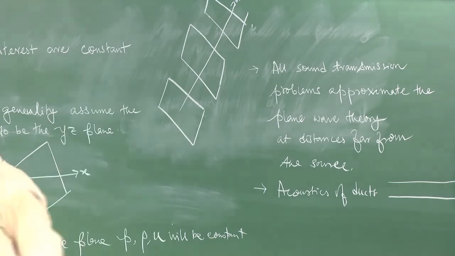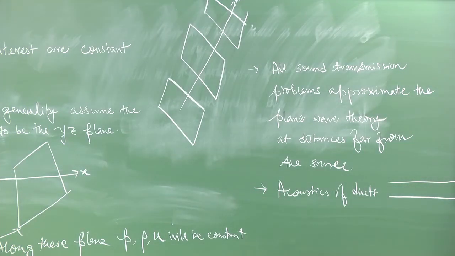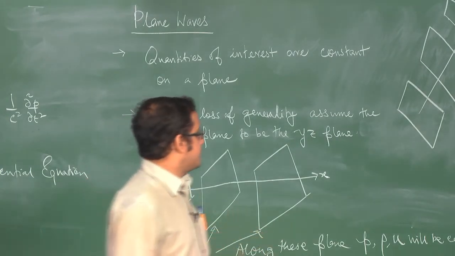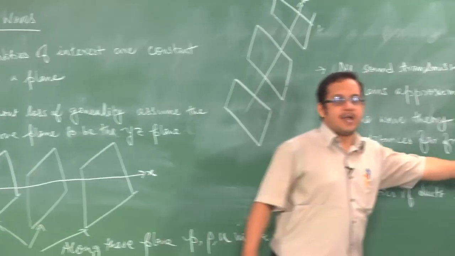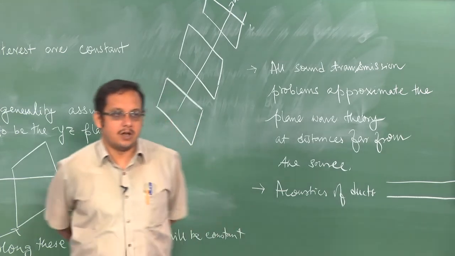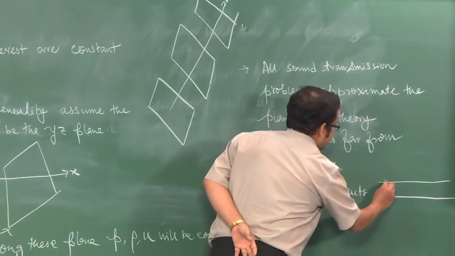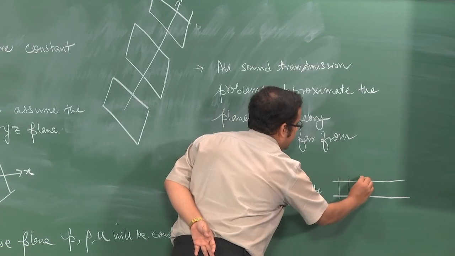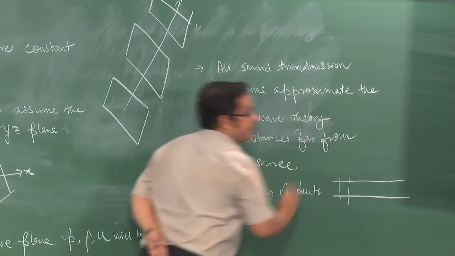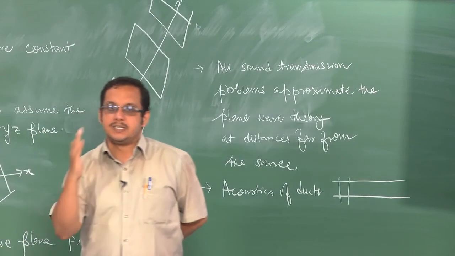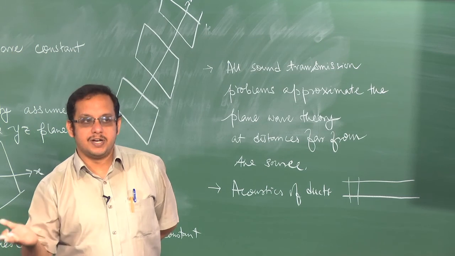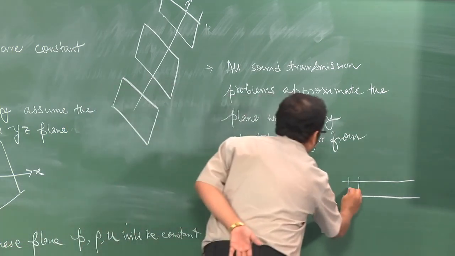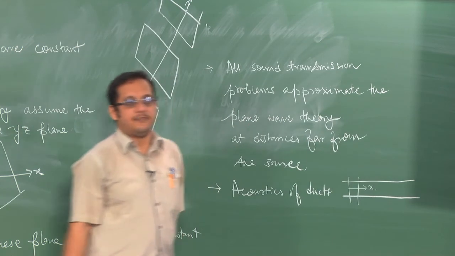So, when we wish to design a silencer, silencer is basically something which has to be put on the exhaust pipe. So, the exhaust pipe anyway by its very nature, because if you ignore the cross sectional dimension in comparison to the dimension along the axis, then everything here is in plane wave. So, what we essentially are saying that along each cross section all the quantities of interest are going to be identical. If at all the quantities vary, it will vary only along the axial direction of the pipe.